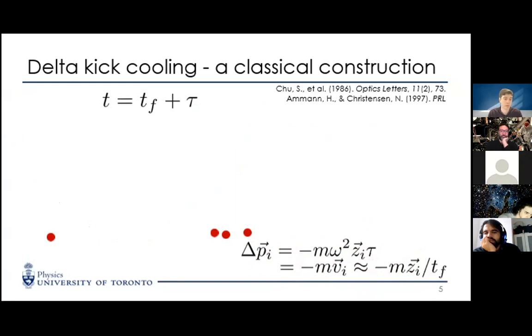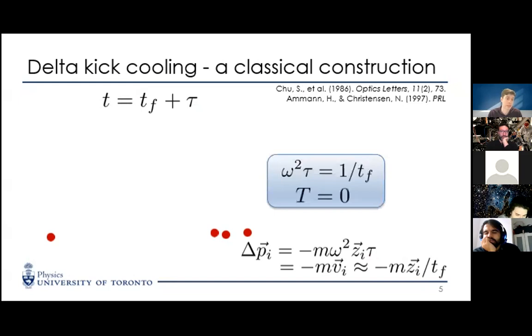So we bring all particles at any final position Z to rest if this condition holds. In other words, we've matched the strength of our kick, which we refer to as omega squared tau, to 1 over the expansion time. And if we do that, then for a perfect harmonic oscillator, we've brought all of our atoms to rest. Temperature is 0, ideally.